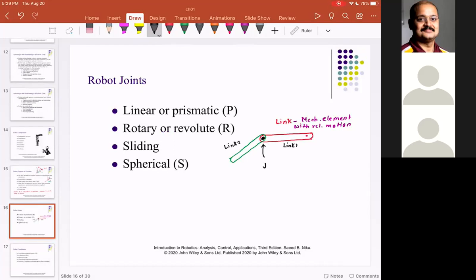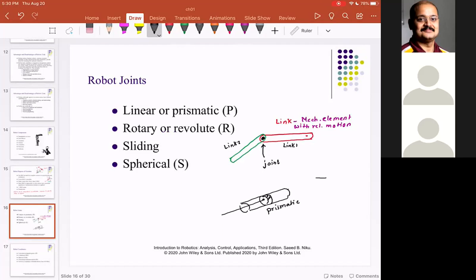So this is a joint. Now, there could be a prismatic joint. A prismatic joint is something like a piston cylinder assembly. So you have a piston, and this is called a prismatic joint.